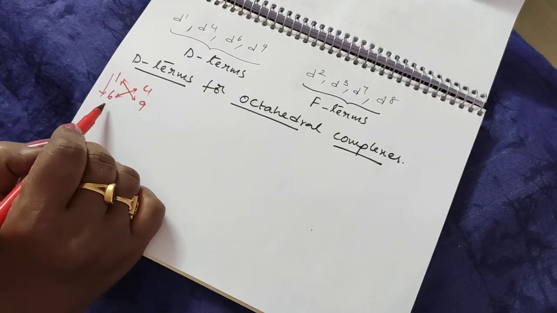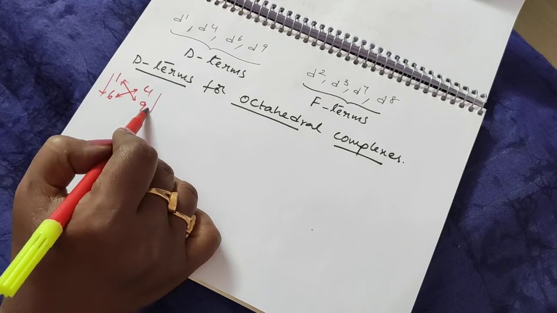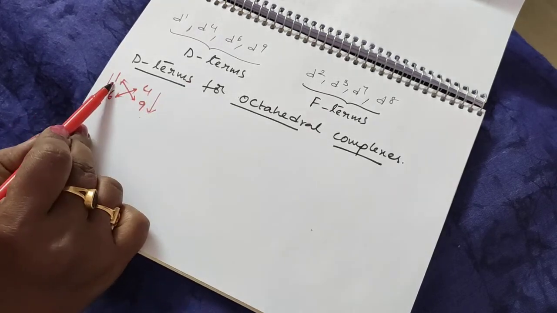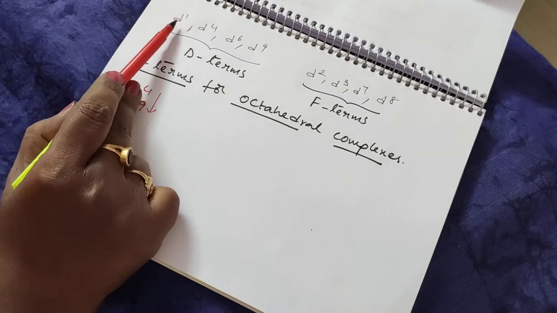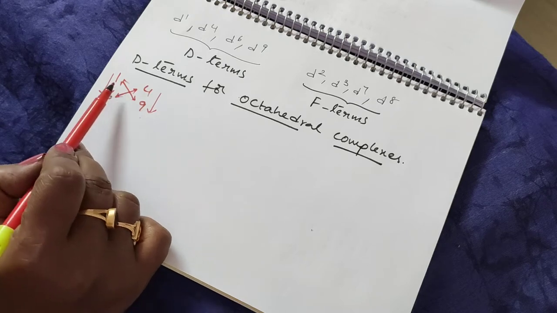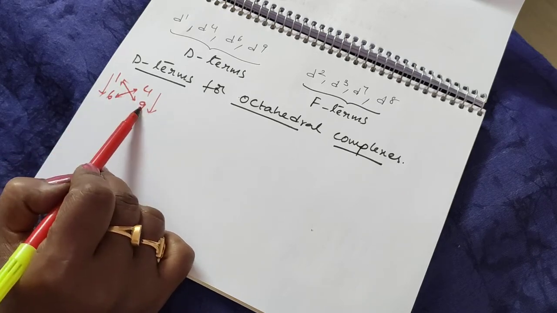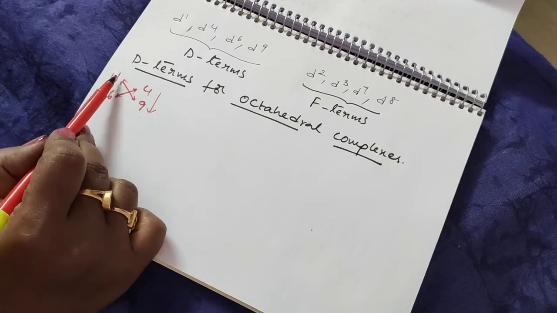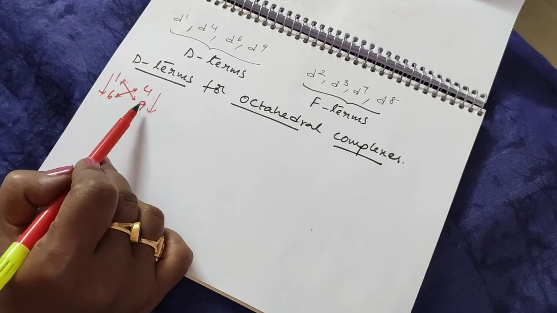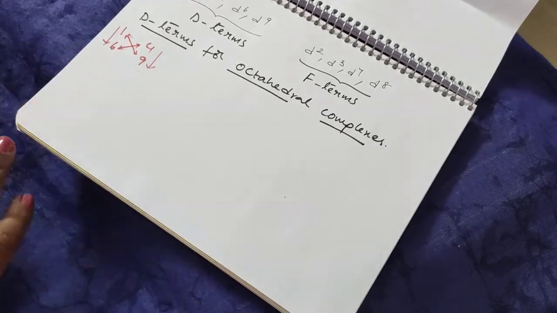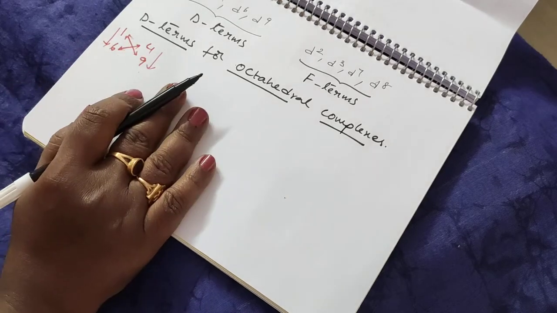D1 and D6 are the same, and D4 and D9 are the same. So 1, 4, 6, 9 means D1, D4, D6 and D9. D1 and D9 are opposite, likewise D4 and D6 are opposite. 1 and 6 are the same, 4 and 9 are the same. So that is the code to remember the ORGEL diagrams of D terms.